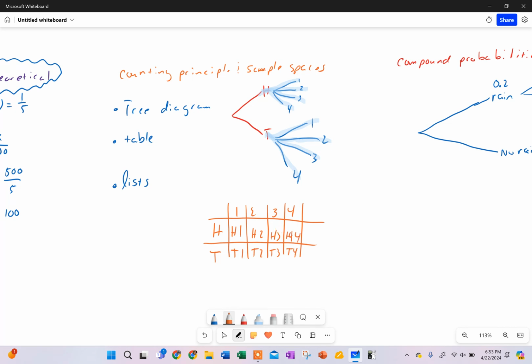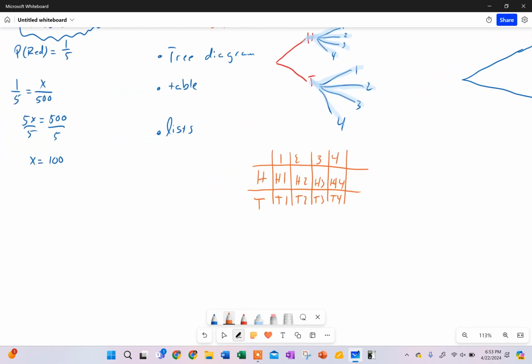And those are all our samples. The list is kind of the same exact thing. Heads 1, heads 2, heads 3, heads 4, tails 1, tails 2, tails 3, tails 4. And that's kind of our list.